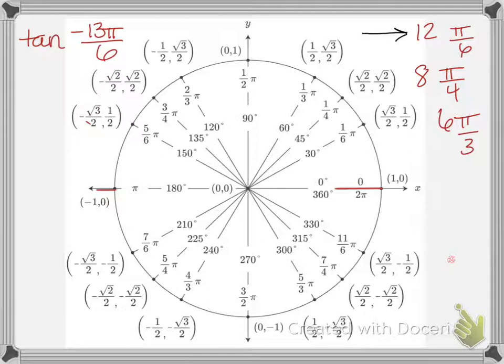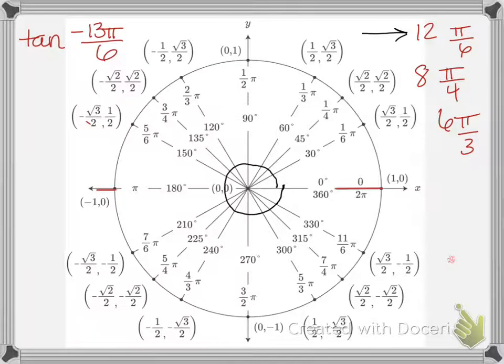We know that we wrapped around and we got to 12, but we needed to go a little bit more to get to 13, okay? So if you look at this, this was 1/6, 2/6, 3/6, 4/6, 5/6, 6/6, 7/6, 8/6, 9/6, 10/6, all the way to 11, 12/6.